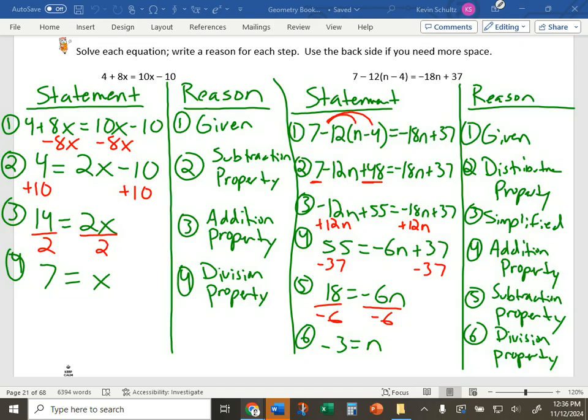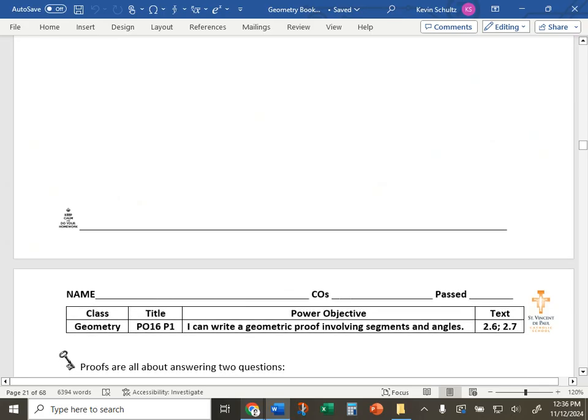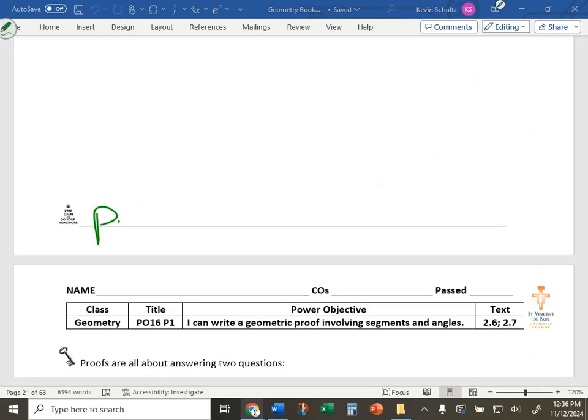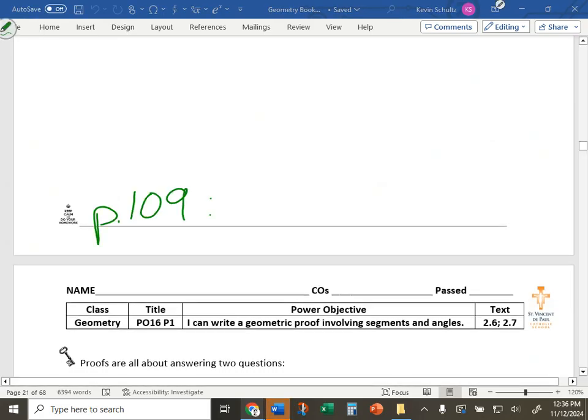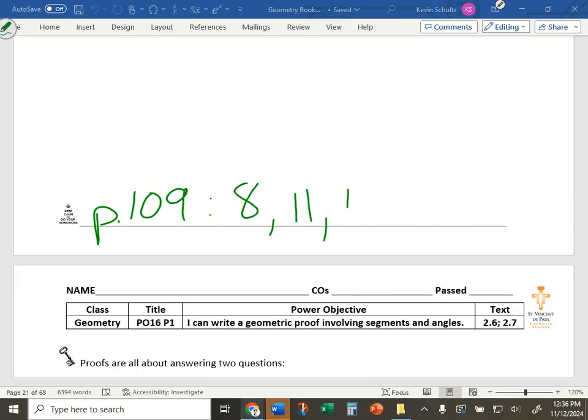No. We good? Okay. On page 109, let's have you do number 8, 11, and 14. That's not that bad. In the spirit of Christmas, take down the hardest one.